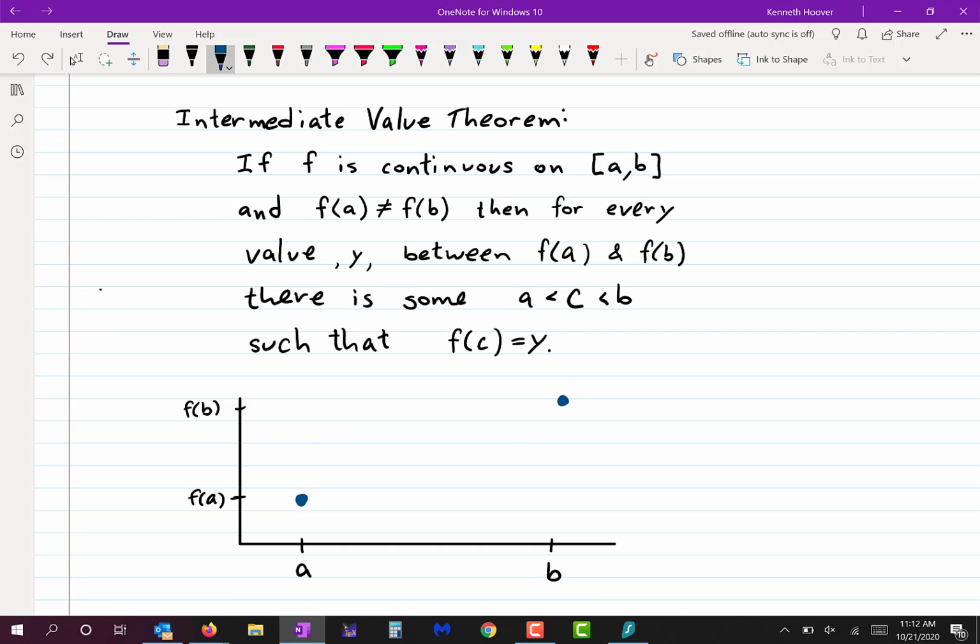Right now let's just put the two endpoints. It says for every value y between f of a and f of b. So let me just pick a place between these two and call it y. It says there has to be some number in this range where f of that number will equal y. So let me show you what that means. I'm going to just draw a line across here.